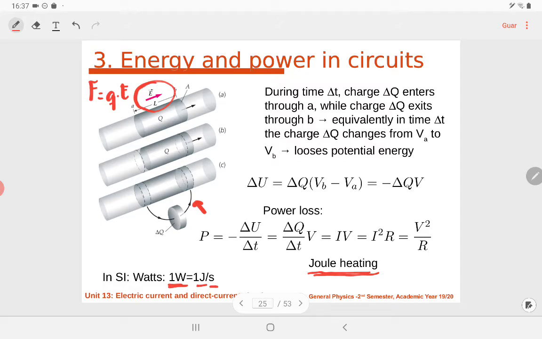They can attain very big speeds in vacuum, but the wire is made of a conductor, so the wire is not vacuum. The wire is indeed made of a net of ions.